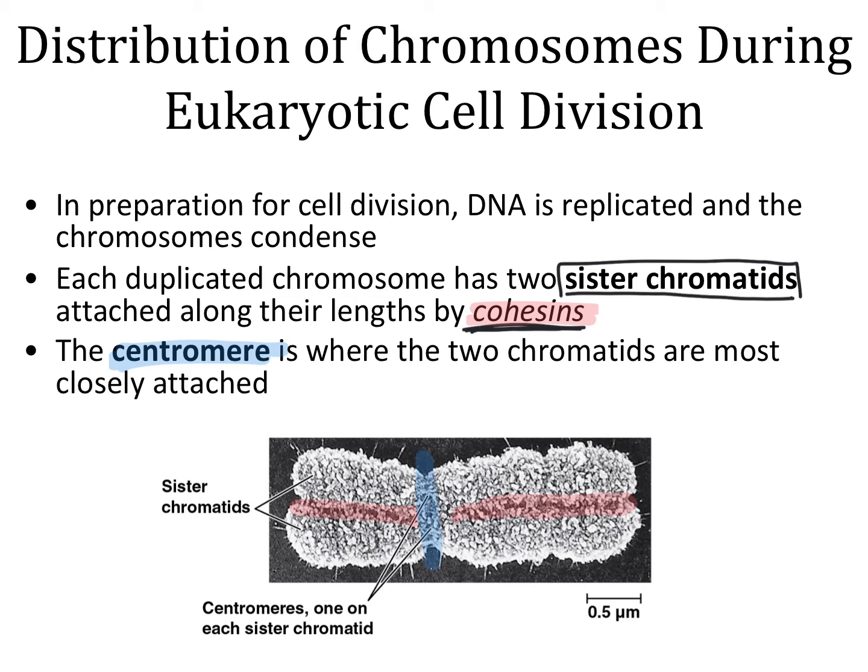So when we show you them like this, a lot of times they look like butterflies. That's the centromere, okay? We are going to attach the centriole spindle fibers to the centromeres, and it's where they are attached. That's where we're going to actually pull them apart later on during mitosis, okay?